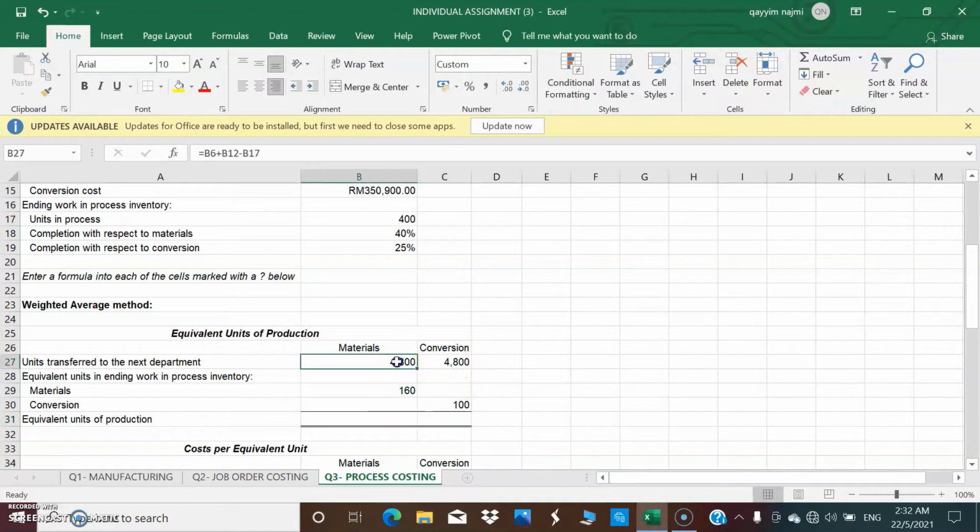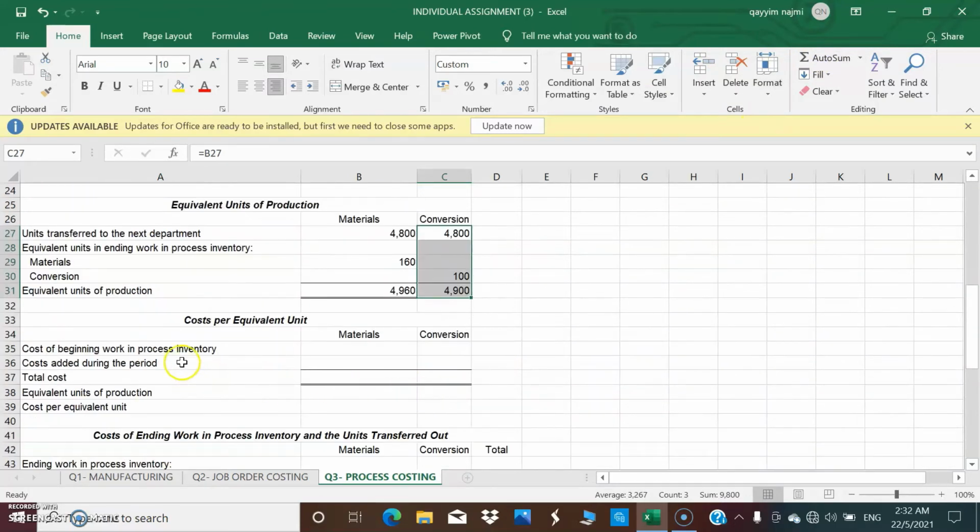So the total for material is 4,960, and for conversion it is 4,900. Okay, the second step is the cost per equivalent unit.